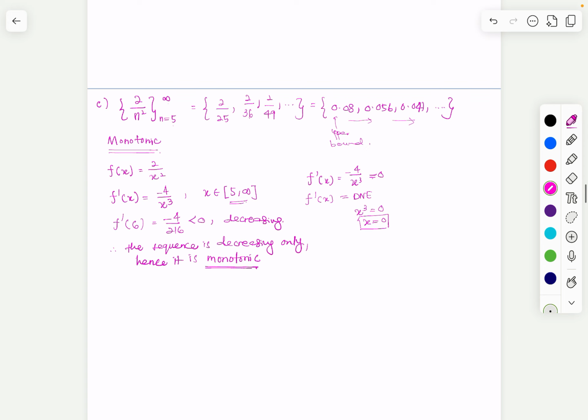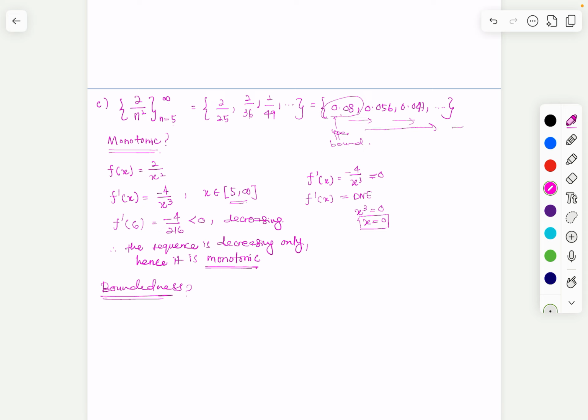And then we check on the boundedness. Previously, as you expanded, you have the idea that it is decreasing, and you have the idea this could be the upper bound. So it is bounded above. So let us find, is it bounded below? Because it is decreasing, it gets smaller and smaller.